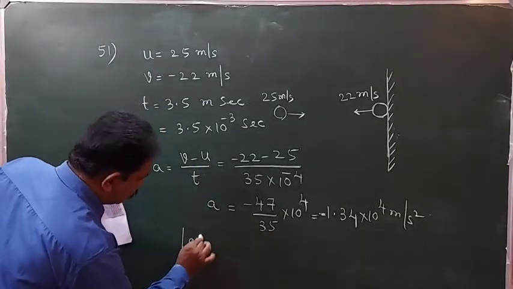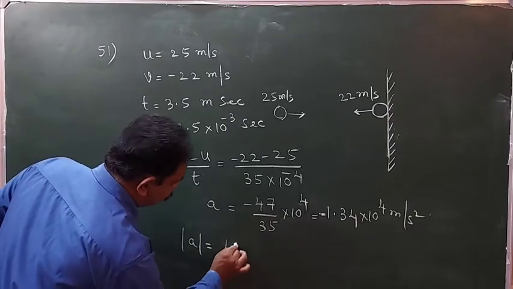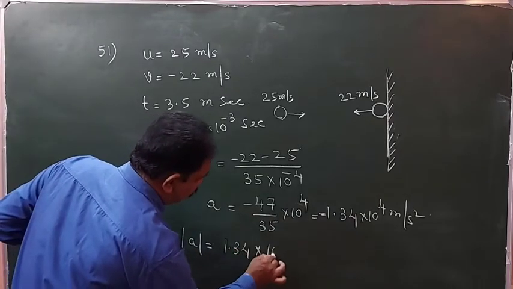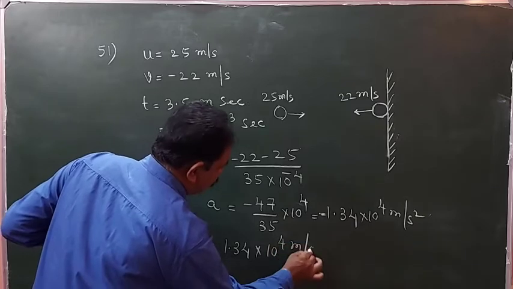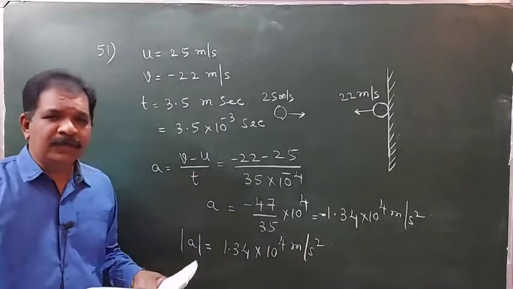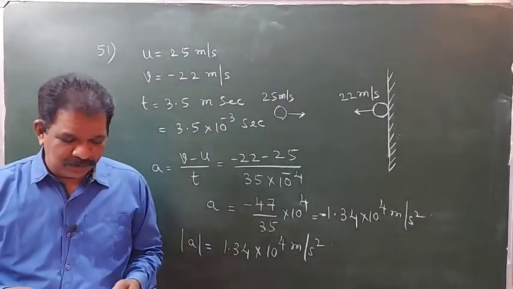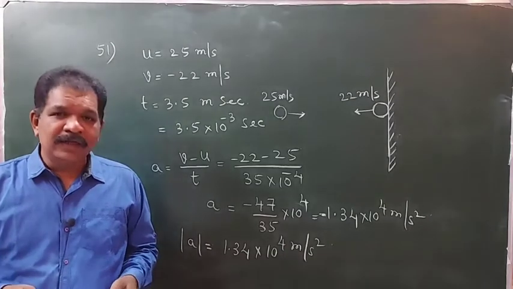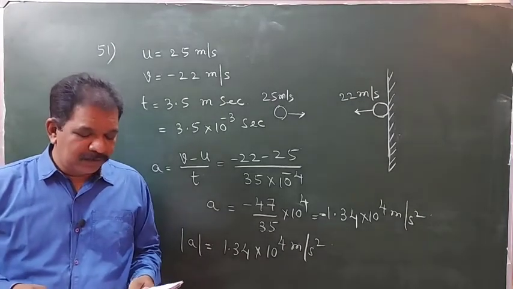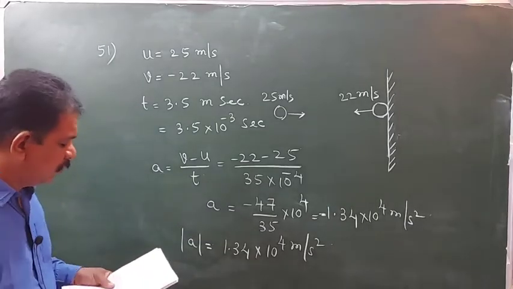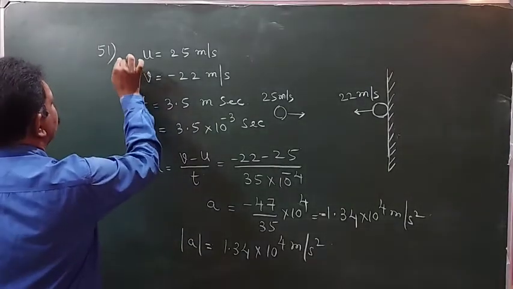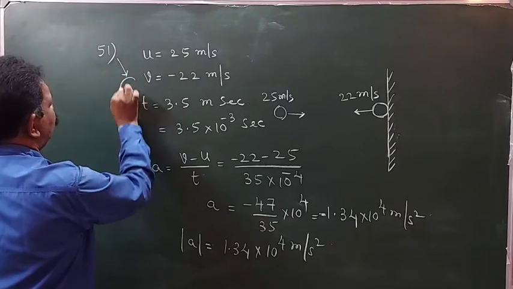Therefore, modulus of a is equal to 1.34 into 10 power 4 meter per second square. Okay, that is about 51. So the 51 answer will be the fourth option.